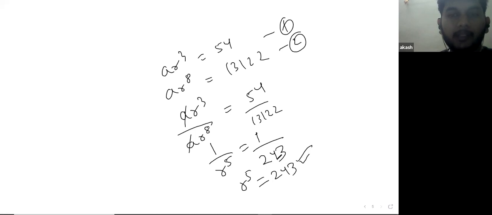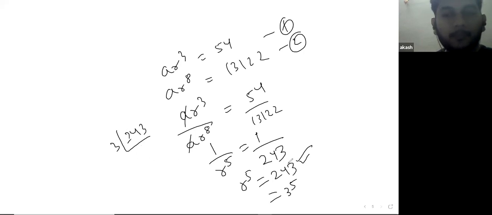Please prime factorize this. 243 is divisible by 3 also. So please divide that by 3 and tell me if this is 3 raised to the power 5. Is this right? Muhammad Peer, am I audible?